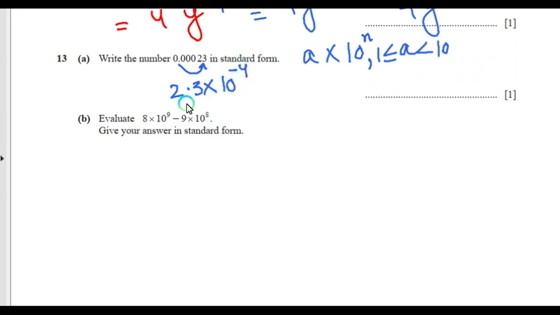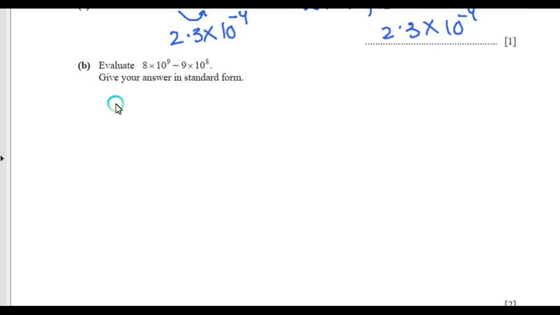So this is the standard form of the number given, 2.3 times 10 raised to power negative 4, right? Okay, and another expression given: 8 times 10 raised to power 9 minus 9 times 10 raised to power 8.